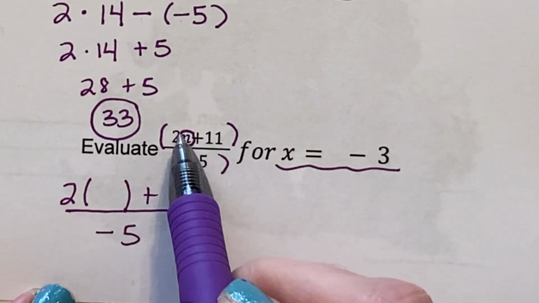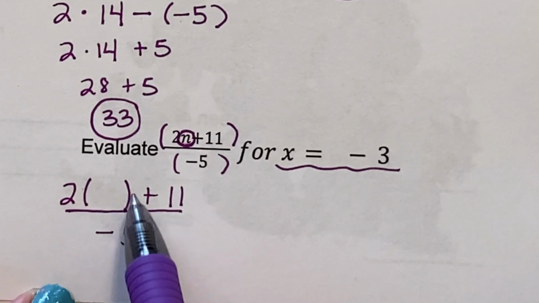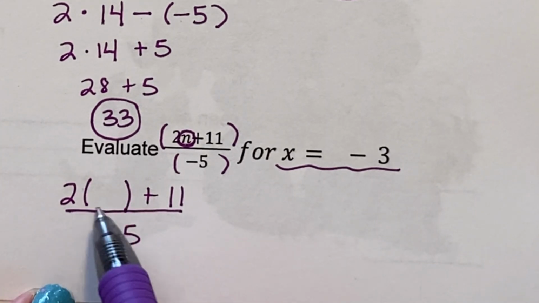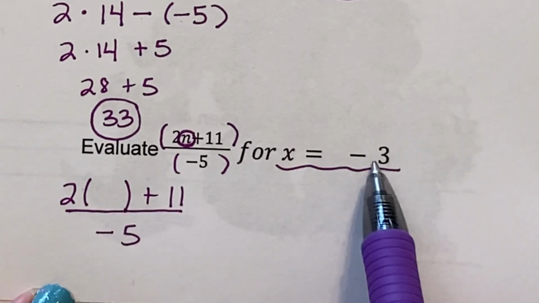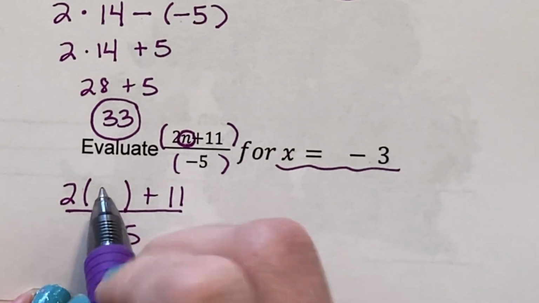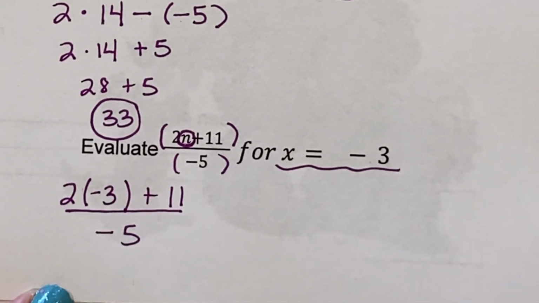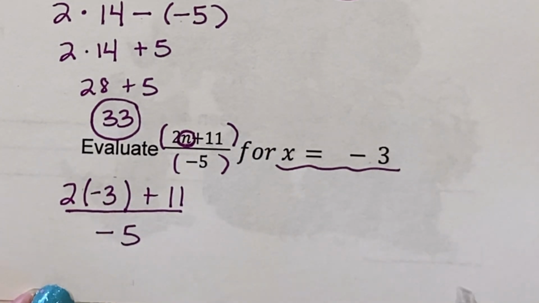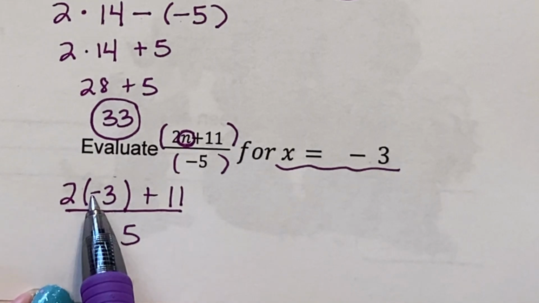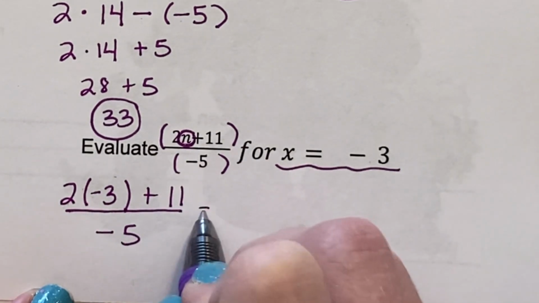All I did was replace n with an empty parentheses. Now, in this empty parentheses where this n was, I'm going to replace it with negative 3. So now I have 2 times negative 3 plus 11 in my numerator.